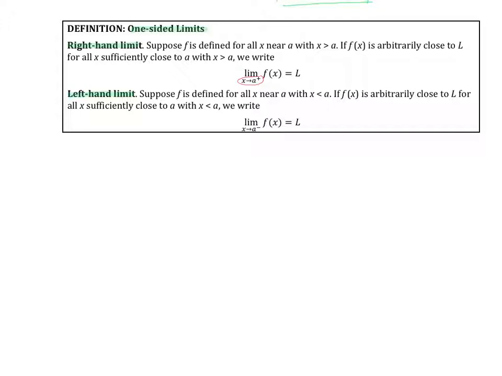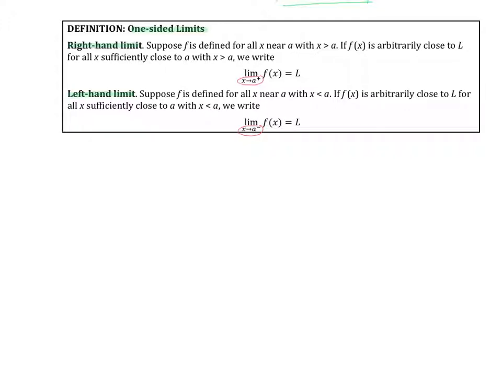The left-handed limit has a minus, and that just means we're coming in from the left. The minus means we're coming in with numbers that are less than a.